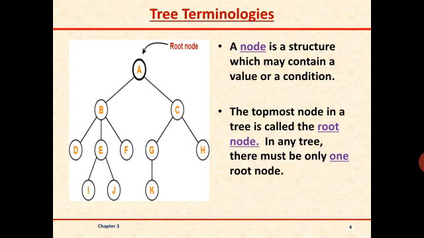The topmost node in the tree we call the root node. In our example, A is the topmost node, so we call it the root node. There should be one root node in every tree.